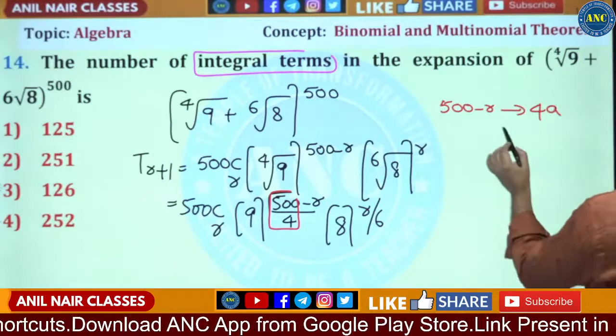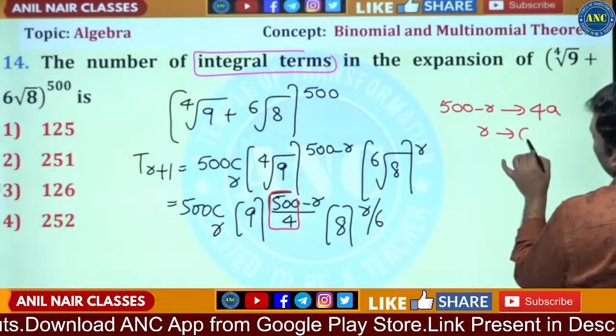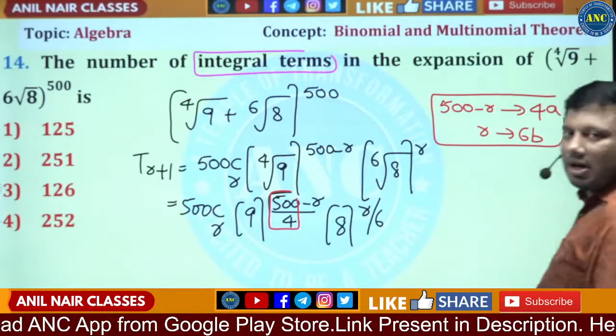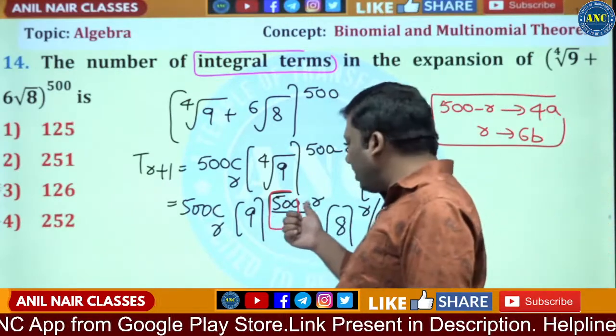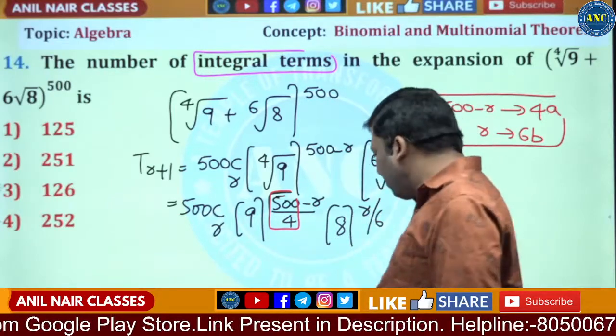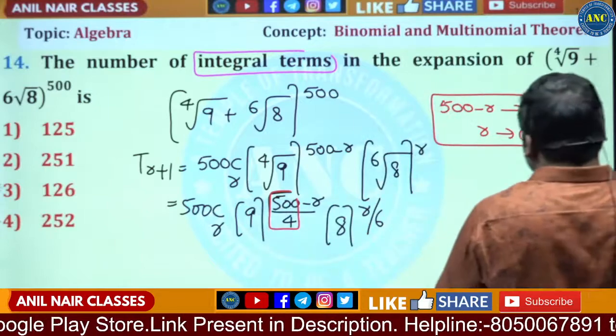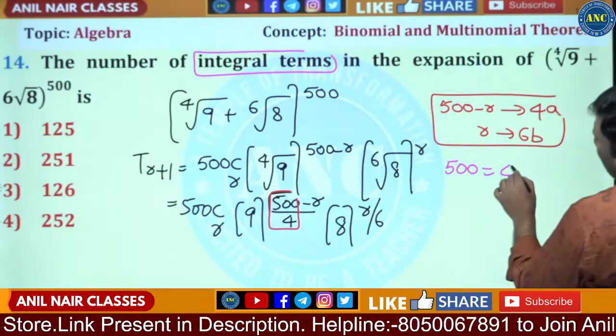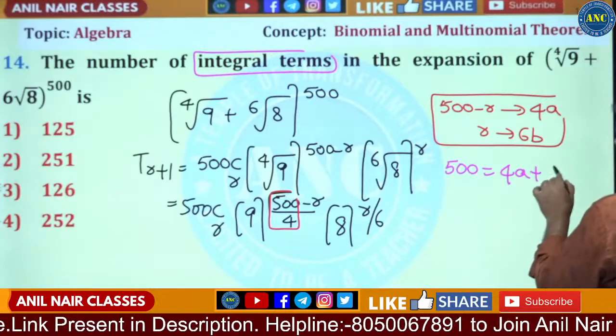R should be divisible by 6. Is this equation clear? Because it is an integer, 500 minus R is divisible by 4 and R is divisible by 6. So 500 is equivalent to 4a plus 6b.